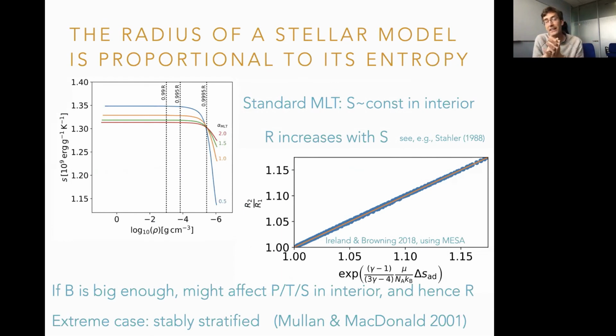Another thing you might look at, and again, we'll get to this a little bit later, is that one of the things convection tends to do is isotropize entropy in the interior. So this panel on the top left is showing some pretty bog standard 1D stellar models of fully convective stars. These were done by Lewis Ireland, a former student of mine a couple of years ago. Fully convective stars as a function of radius.